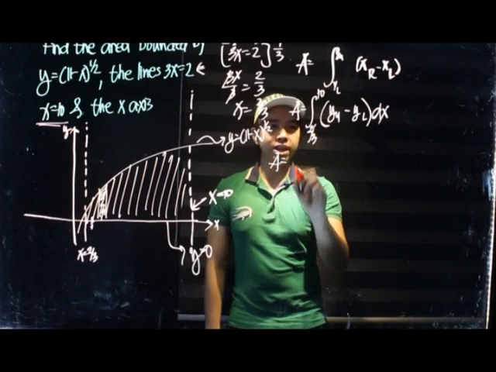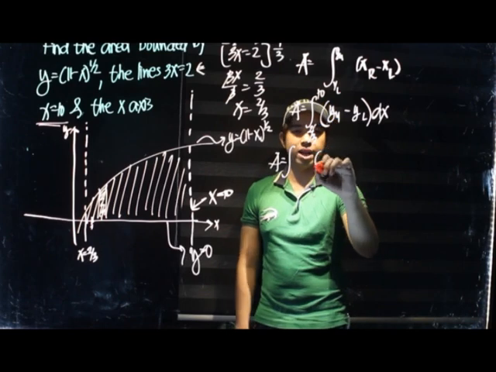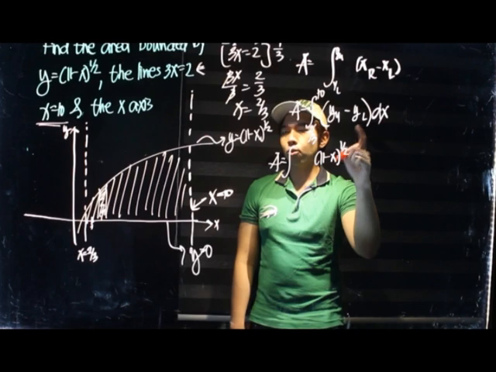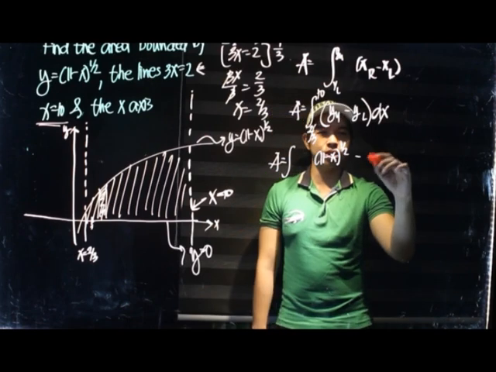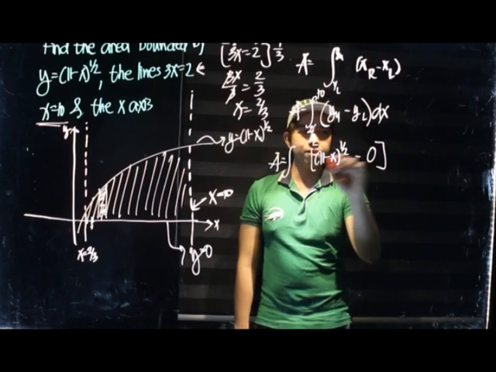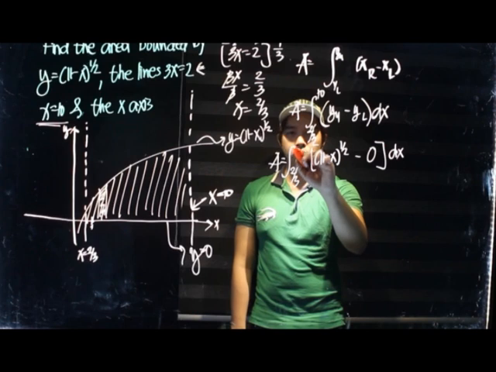So the area would then be equal to the integral of y upper, which equals 11 minus x raised to 1/2, minus y lower, which is y equals 0, or simply we can write there 0, quantity dx running from 2/3 to 10.